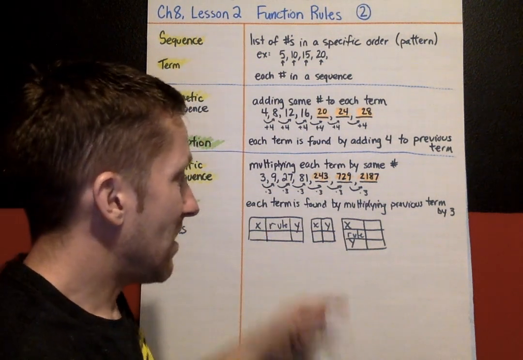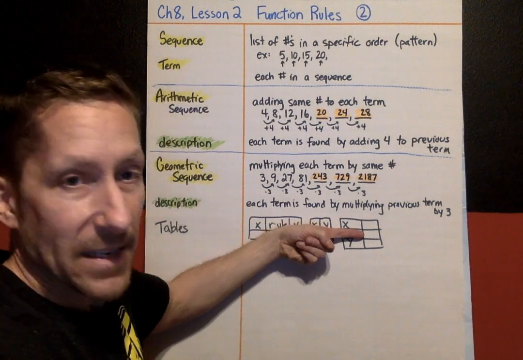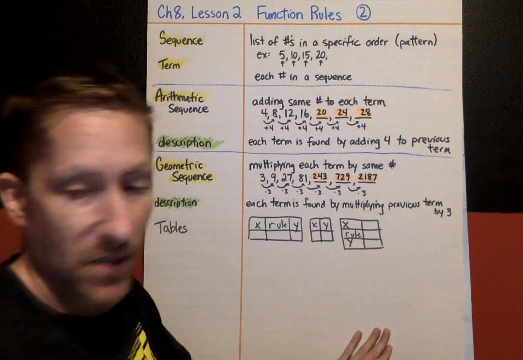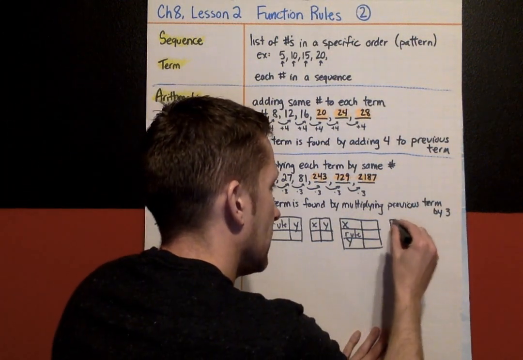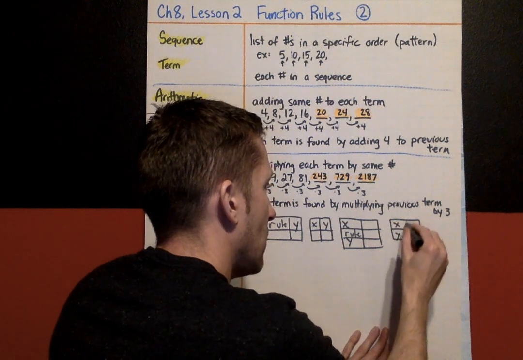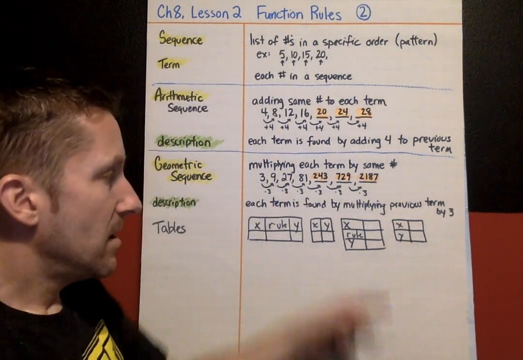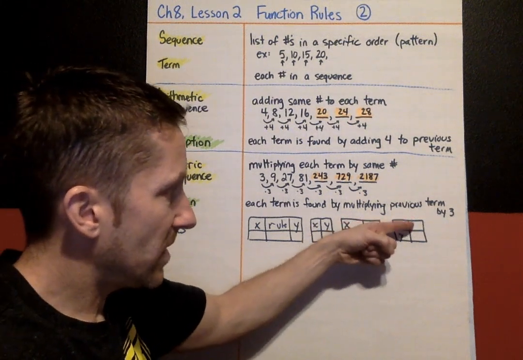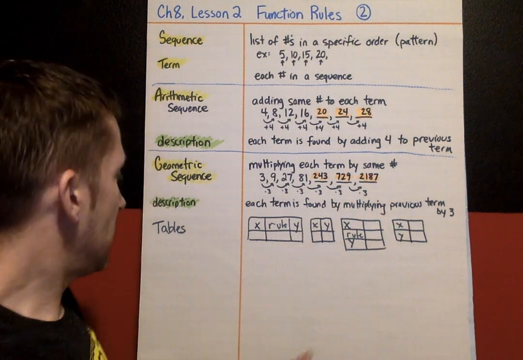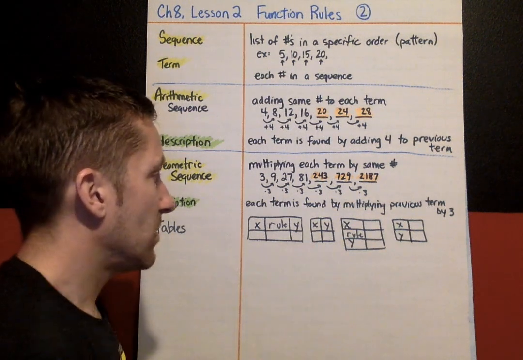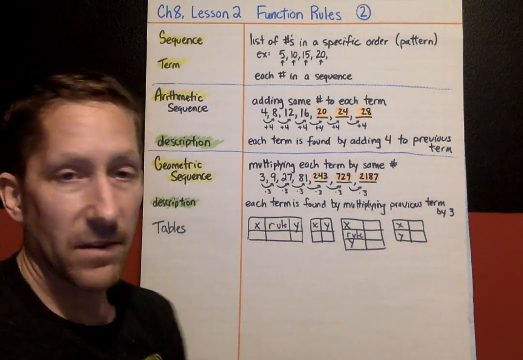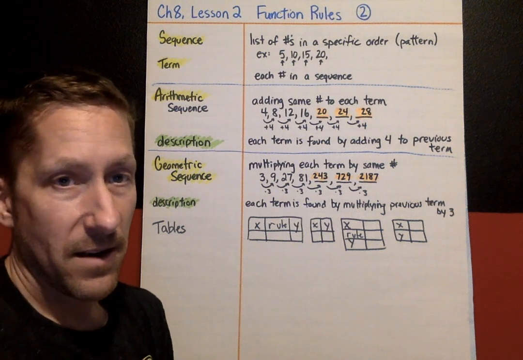But just like this, oftentimes this rule is not even shown in the table, that rule row. You are just going to see a table that looks like this. It'll have an x value, a y value, and that's it. But again, you should know that there's a rule that gets you from the x value to the y value. So that's just a real quick description on tables and how this rule part of your tables are going to most often be disappearing. But it's really there.